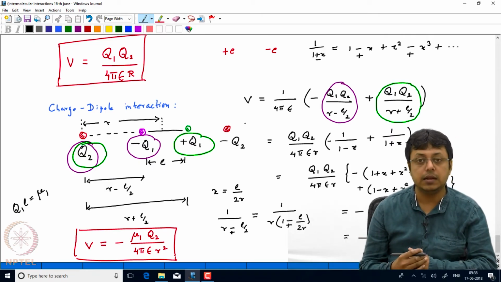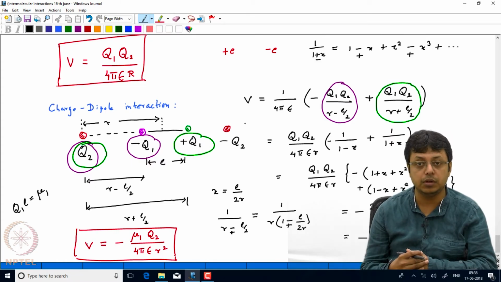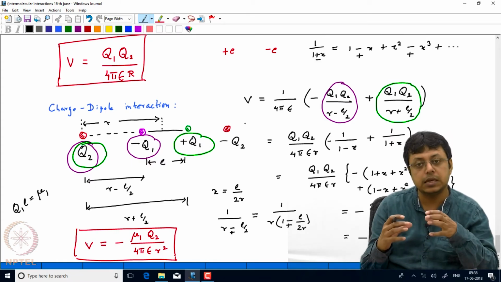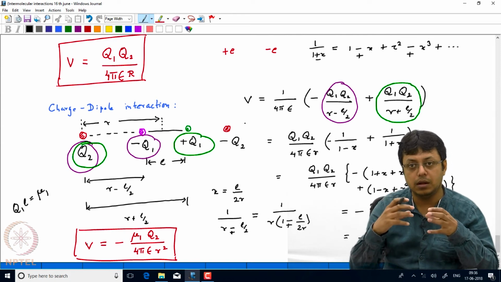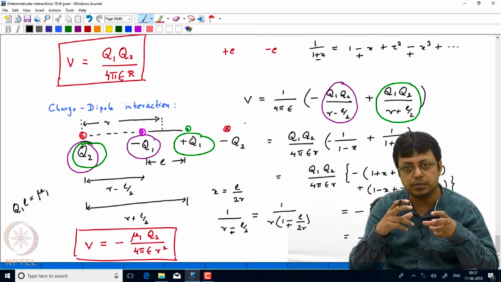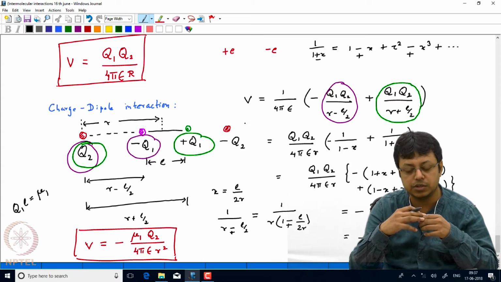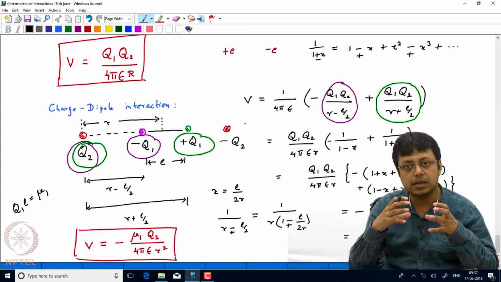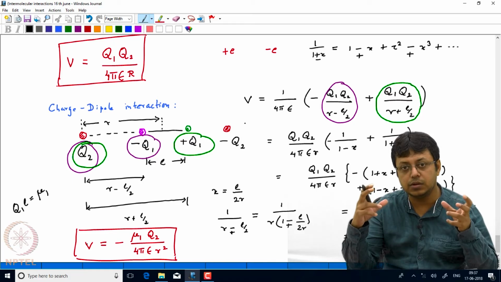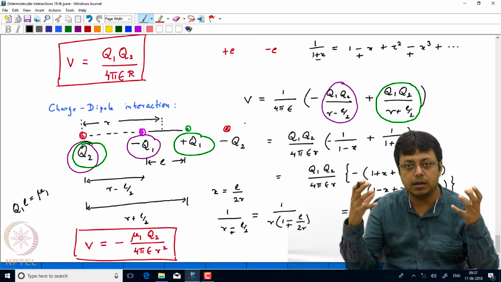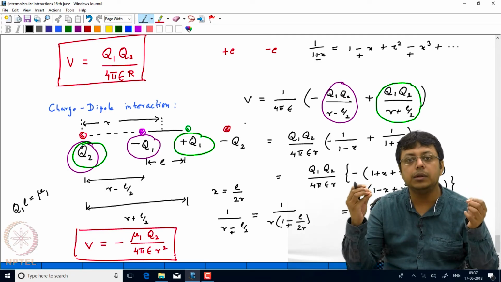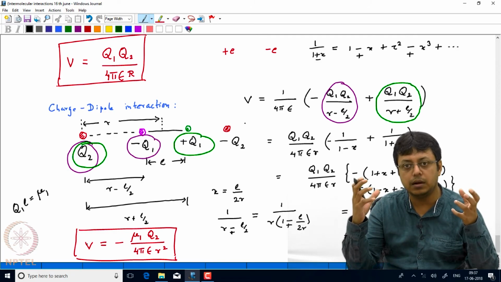Now, we will move on, and in the next section we are going to discuss the interaction between two dipoles, because we are now combining our previous ideas of how the dipole interacts with the field, and what the interaction potential is. Now, we are talking about intermolecular interaction, where molecules may possess a permanent dipole moment, and we are bringing up the idea of what the interactions will be between two permanent dipole moments.